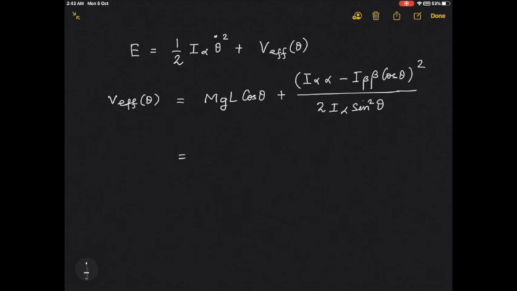Let us take mgl outside, or let me define my V effective theta prime as cos theta plus, here what I do is I divide everything by mgl.